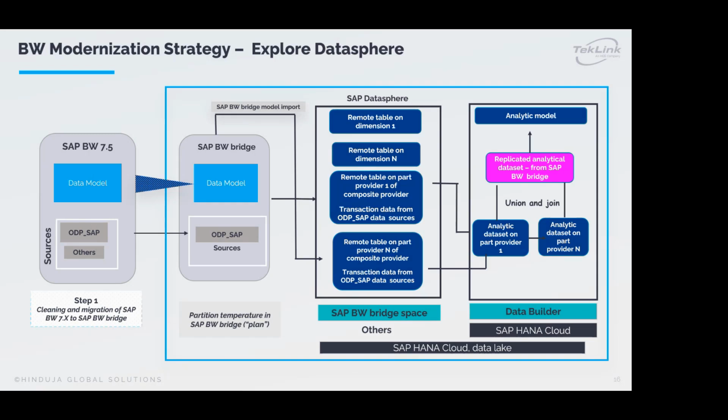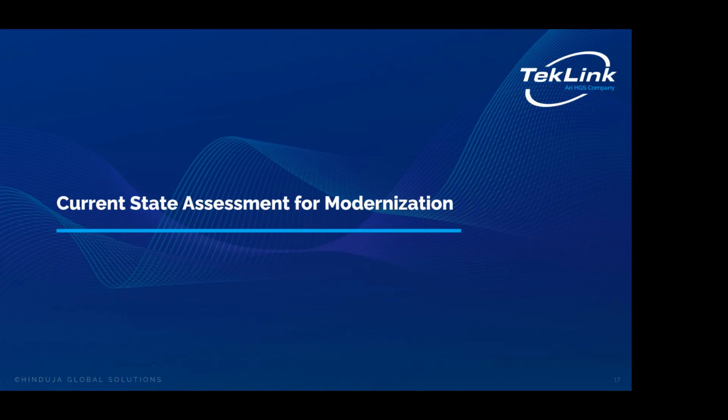The ninth one I would say is to implement change management and training programs to facilitate adoption. Finally, establish a framework for continuous improvement to stay ahead of your evolving data landscape. So this is a complete modernization strategy while you are exploring DataSphere. Next slide, please.